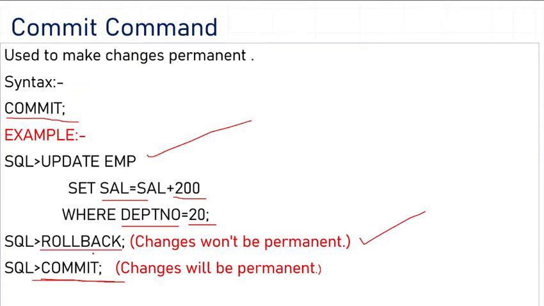Means rollback can roll back all the changes done in the current session after the last commit. Clear? If anything is committed and saved, there is no effect of rollback.